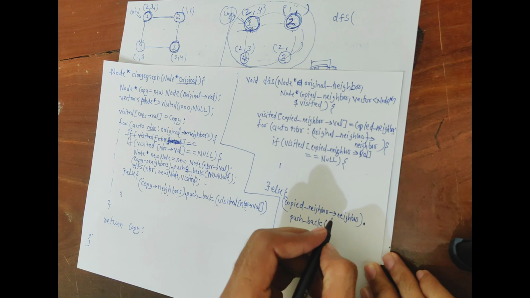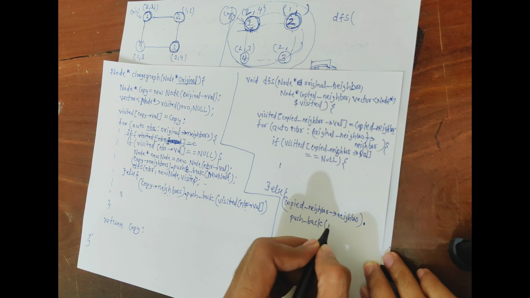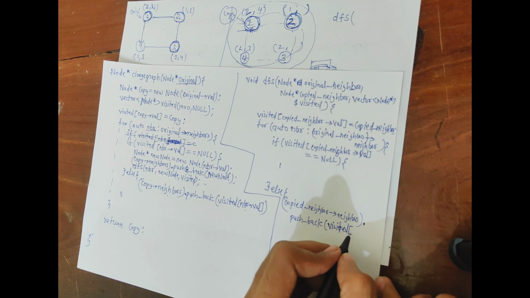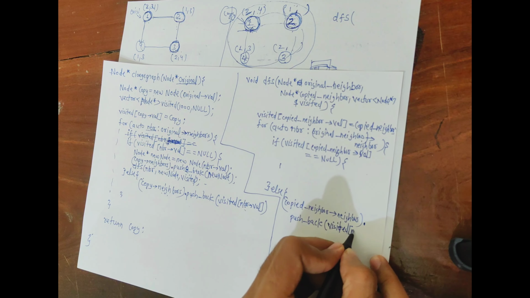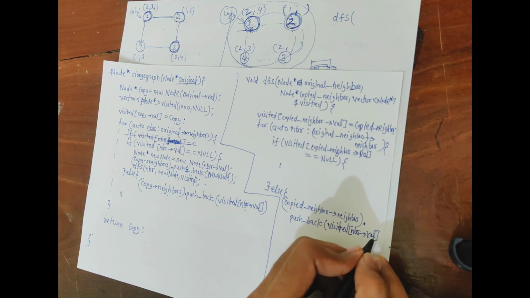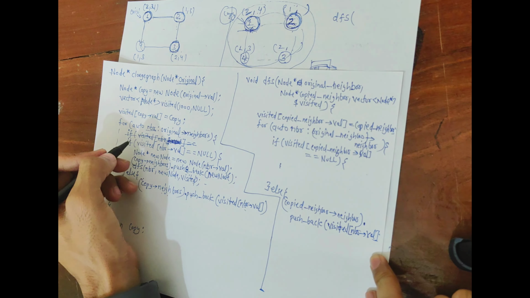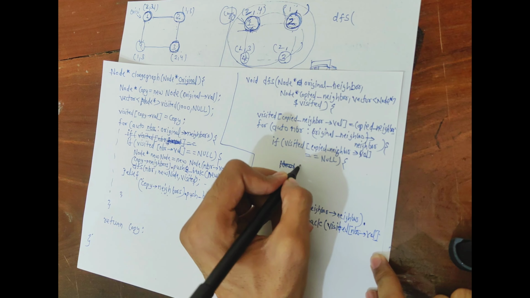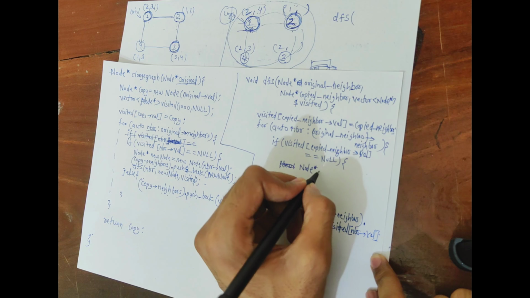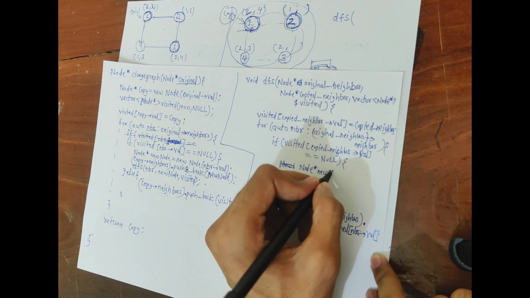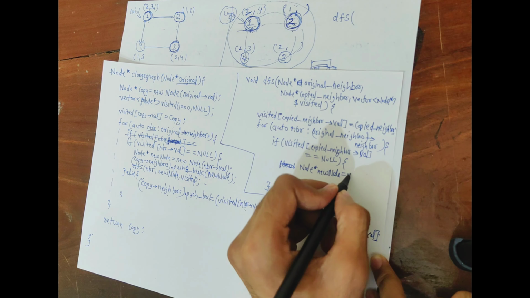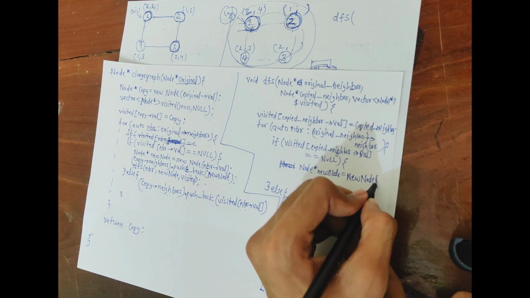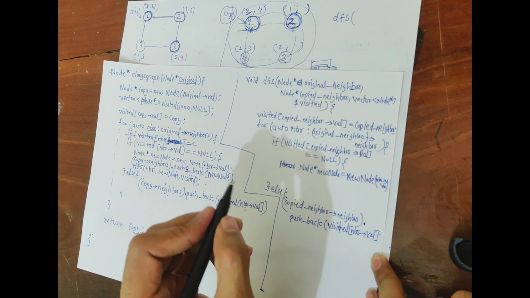What I need to push back is the visited of NBR value, right? Now I need to do the same task again that I have done in this. So new node, sorry, a new node, value should be NBR value, right?